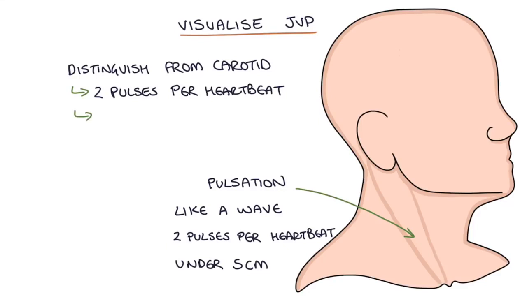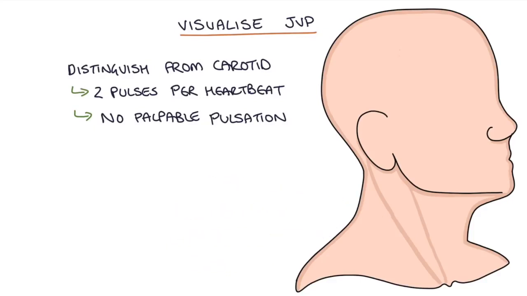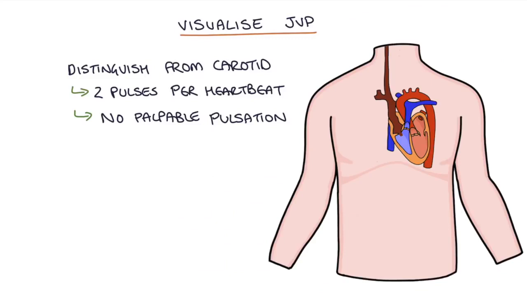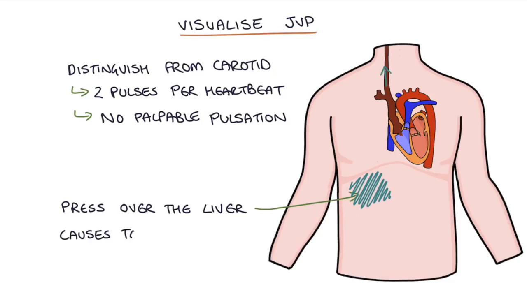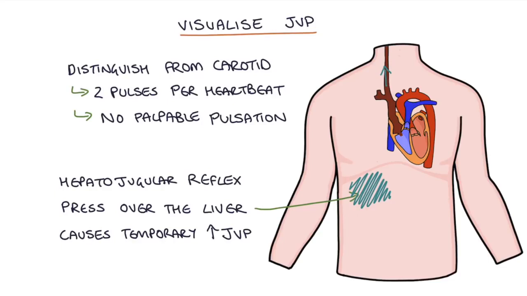And you can also try to feel it with your fingers, and a carotid pulse will have a pulsation that you can palpate, whereas a JVP won't give you a palpable pulsation, so you won't be able to feel anything with your fingers. Another way to check whether what you're seeing is the JVP is to press on the liver or press in the right upper quadrant of the abdomen, and this will cause a temporary rise in a JVP, and this is called the hepatojugular reflex.